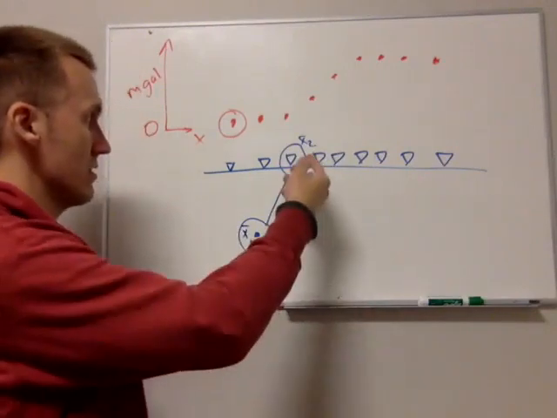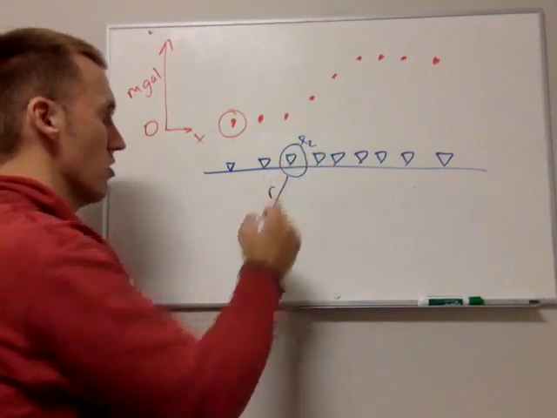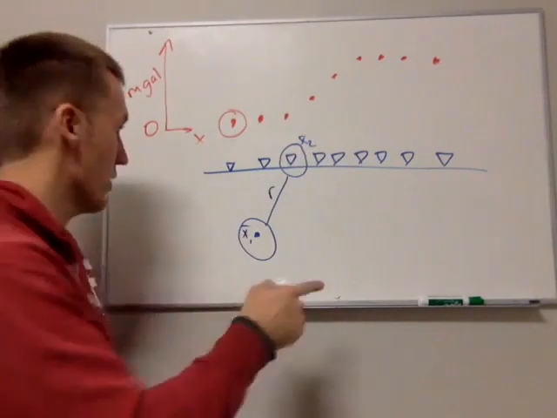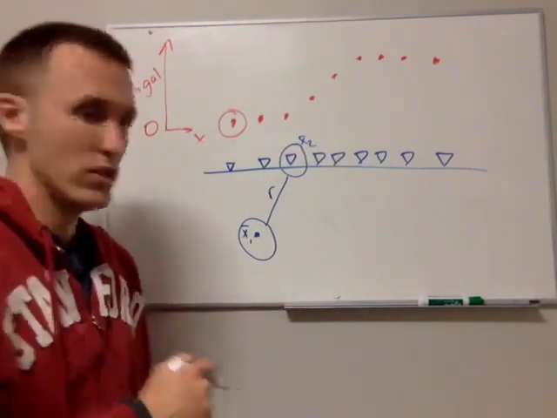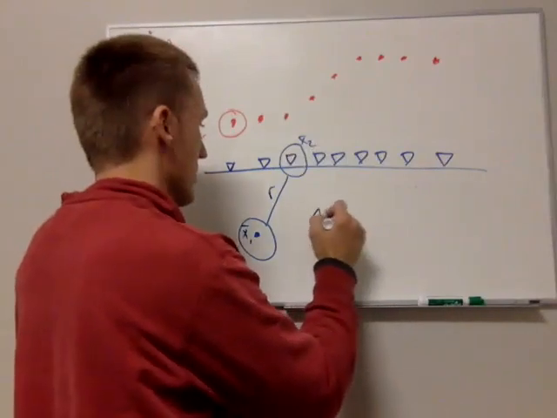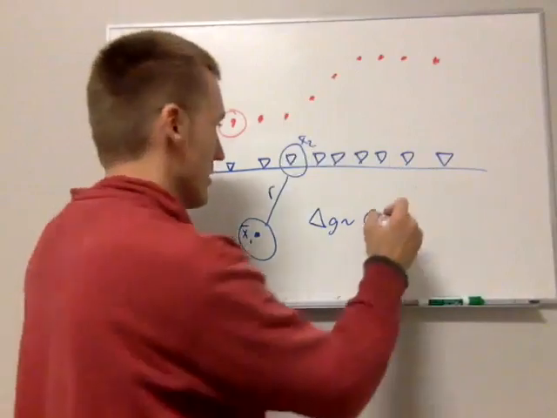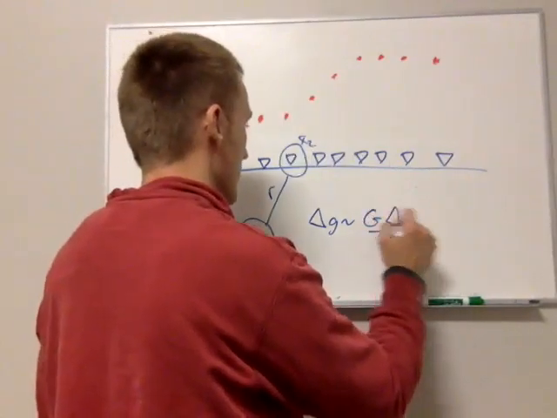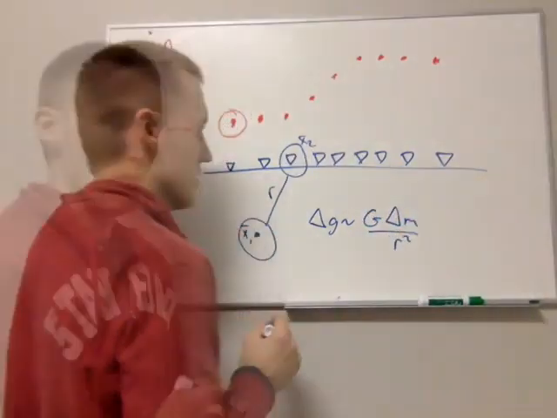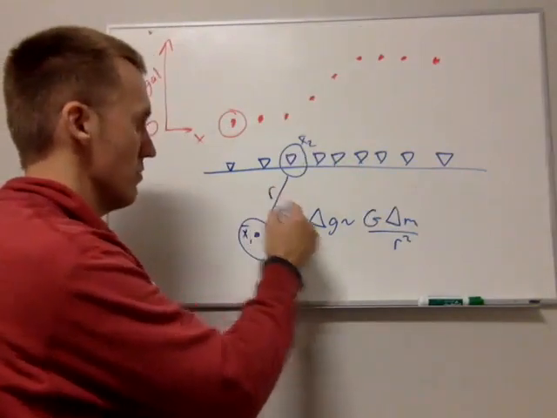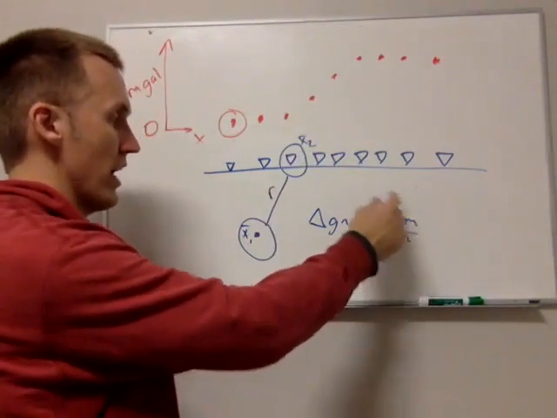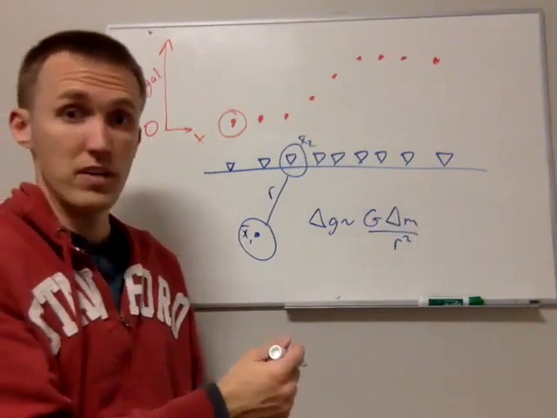We're going to take the distance, this distance r, that's our little r in our equation. And actually, let me write down that equation again. So we have delta g is approximately capital G, gravitational constant, times delta m divided by r squared. So we have our r value now, and we have this little mass anomaly, that's what we want to find.